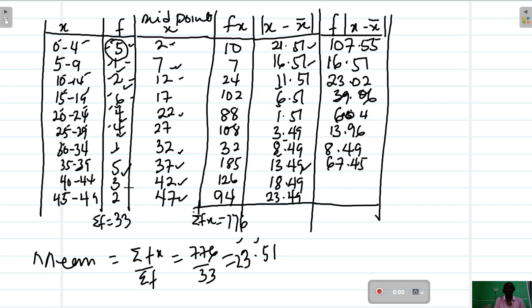Then 3 times 18.49 will also give us 55.47. Then 2 times 23.49, we will also get 46.98.